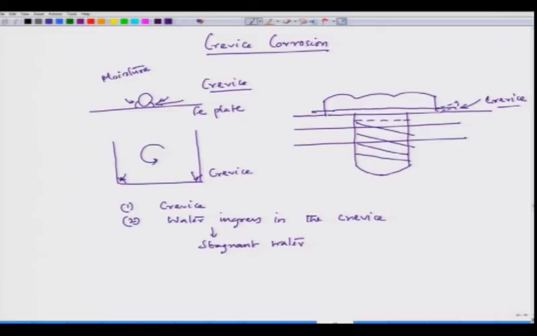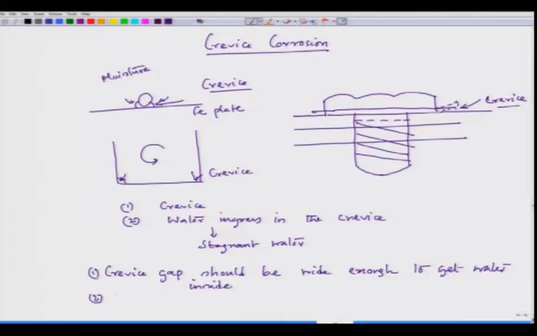That means the crevice gap should be wide enough to get water inside, and second, this water inside the crevice should be stagnant.